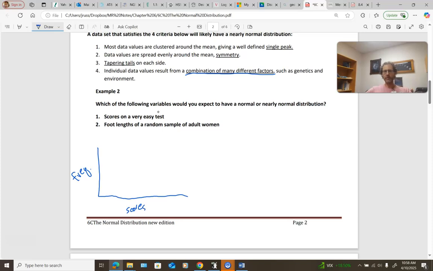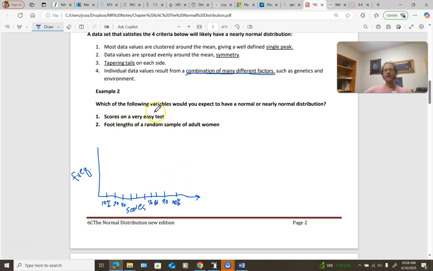Let's say these were given in percentages. I'm going to go ahead and label this. So this is like 10%, 20%, 30%, 40, 50, 60, 70%, 80%, 90%, and then finally the cutoff would be 100. You can't get above 100%.